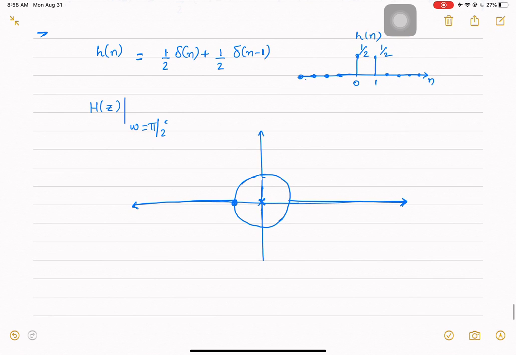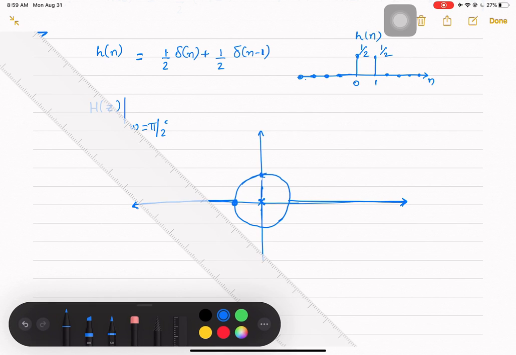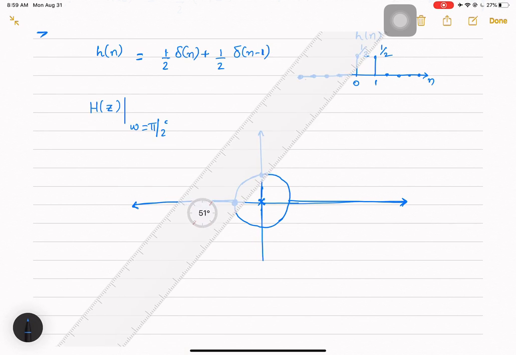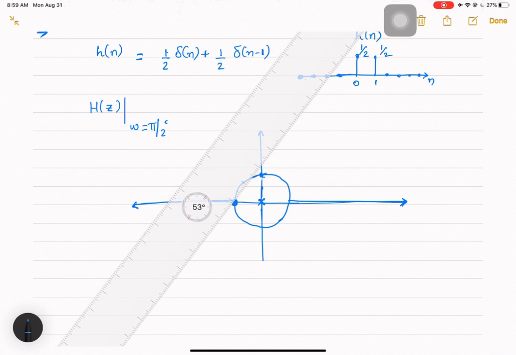Okay, and suppose I want to evaluate the value of the frequency response at omega equal to pi by 2, what I'll do is I'll mark this point. Okay, so this is nothing but the complex number theory, right? So I'll substitute z equal to e power j omega, with omega equal to pi by 2.